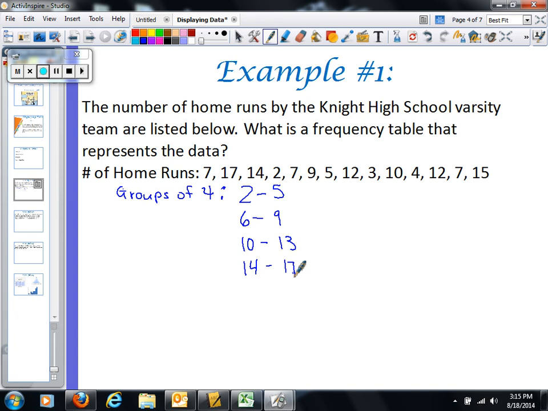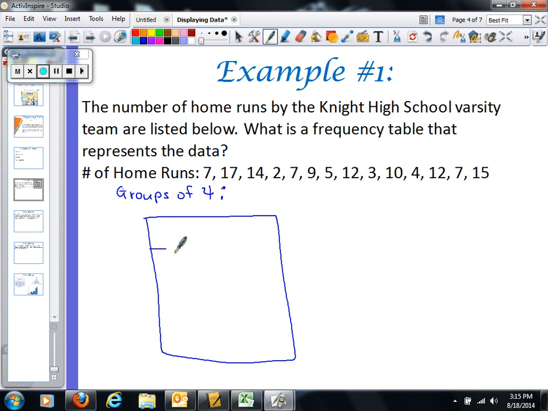So actually let me rewrite this. And I'm going to do a table. Since I have 4 groups, I'm going to do 4 rows and 2 columns.